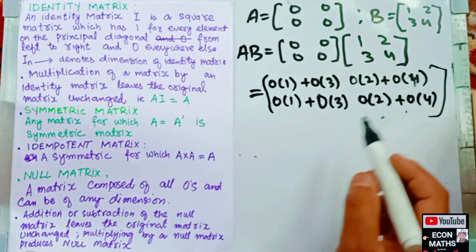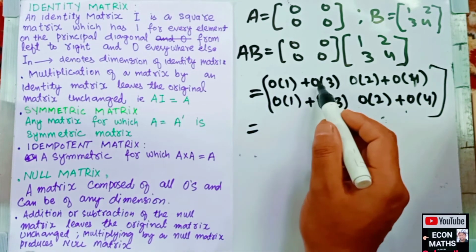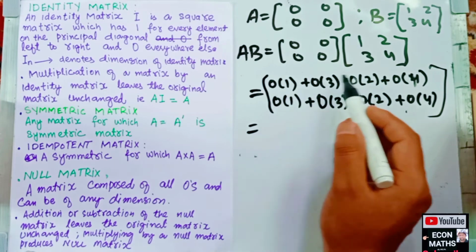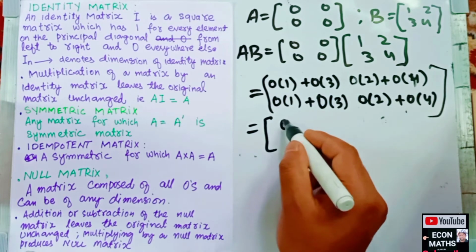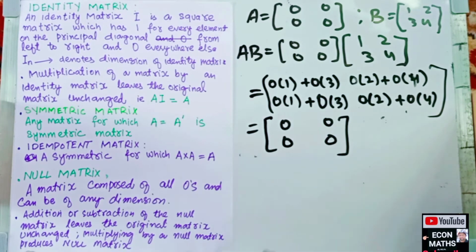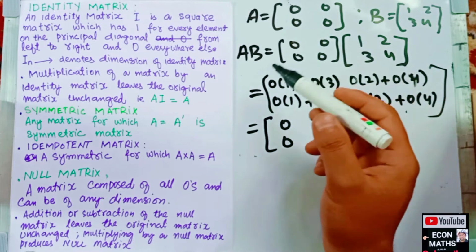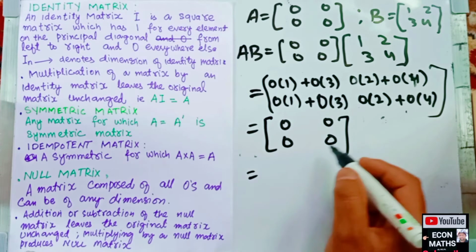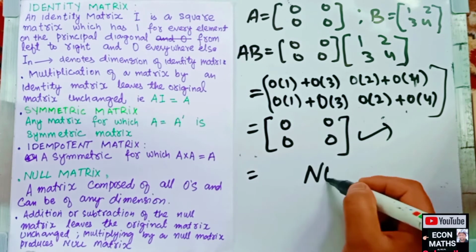Now 0 times anything is 0, so the whole result becomes 0 0 0 0. That is, multiplying by a null matrix produces a null matrix. Here we can see AB is equal to a null matrix.